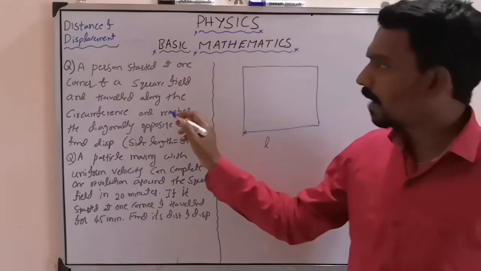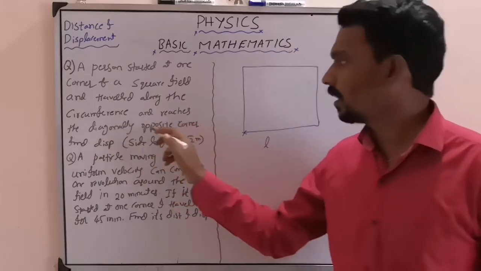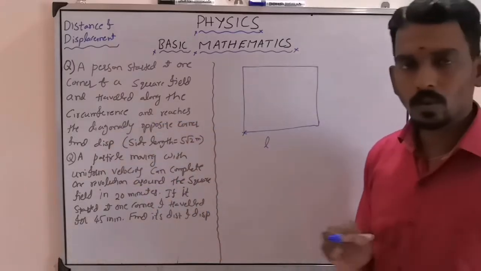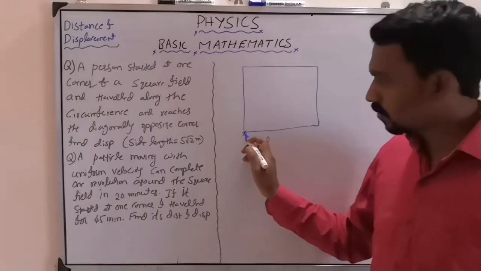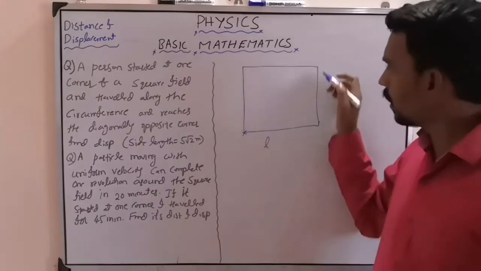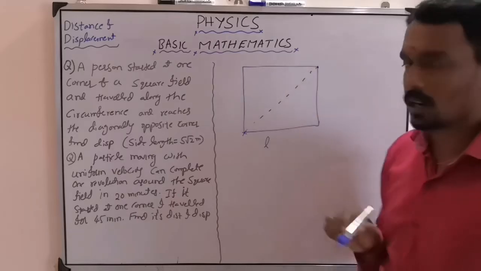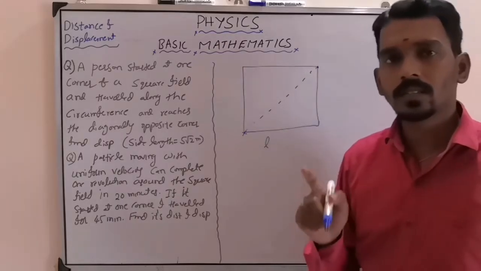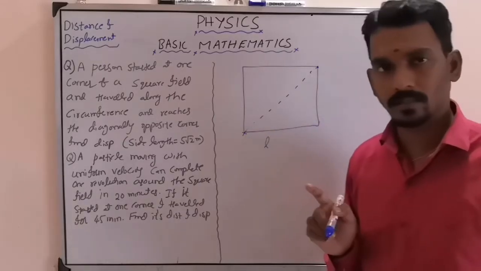Now he travelled along the circumference and reaches the diagonally opposite corner. Then find displacement. So what is the diagonally opposite corner for the initial point? This is one corner, this is an adjacent corner, this is also an adjacent corner. This is called the diagonally opposite corner. The corners which connect one diagonal are called diagonally opposite corners.